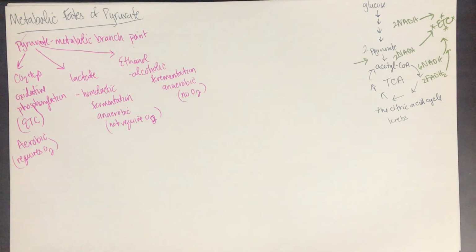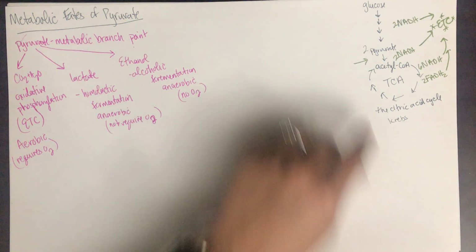That does require oxygen. So we'll come back to pyruvate a few times in the next few weeks where we're talking about different metabolic branch points, where we're going to study a lot of these pathways. And then we are going to see how they all are interrelated and how suppressing one pathway will upregulate another pathway and where there's some overlap. And pyruvate is going to come into play in a lot of those places.